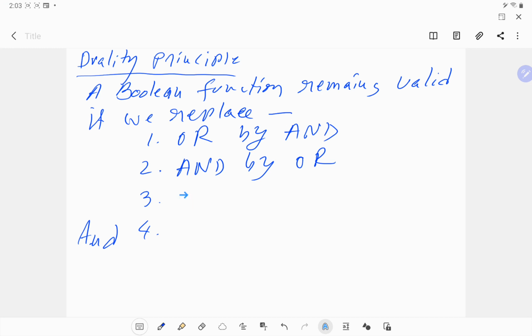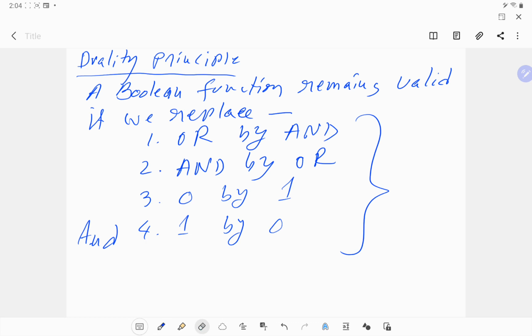Then 0 by 1, and 1 by 0. So if we do these four replacements for any equation, then we get the dual form of the equation. If the original equation is correct, then the dual version of the equation is also correct.